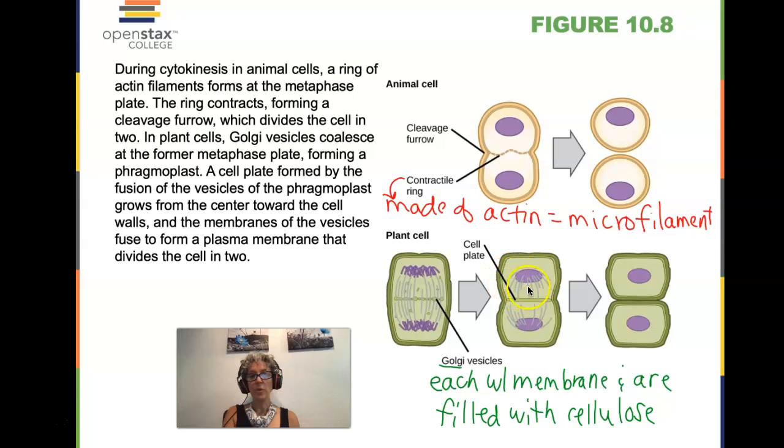As the nuclear membrane starts to form, the vesicles containing cellulose fuse, and because the outside of the vesicle is phospholipid membrane and the inside is cellulose, we have phospholipid membrane and cellulose around each cell. So we do have two new plant cells, each of which has its own perfect nucleus, each of which has a cell membrane, and each of which has a cell wall.